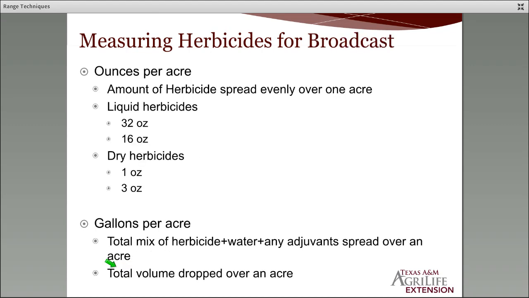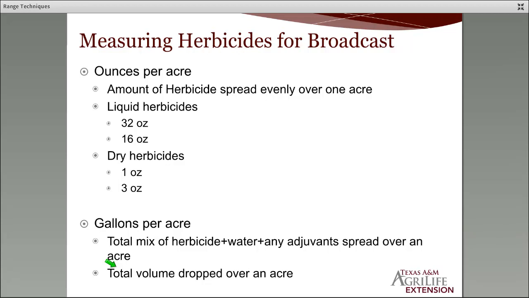For broadcast, it's a little bit different. What you need to keep in mind is how big is your tank and what is the gallons per acre that you want to cover out of that tank. We have some family land, and I have a little 65-gallon tank that will go in the back of a Kawasaki Mule that I have.